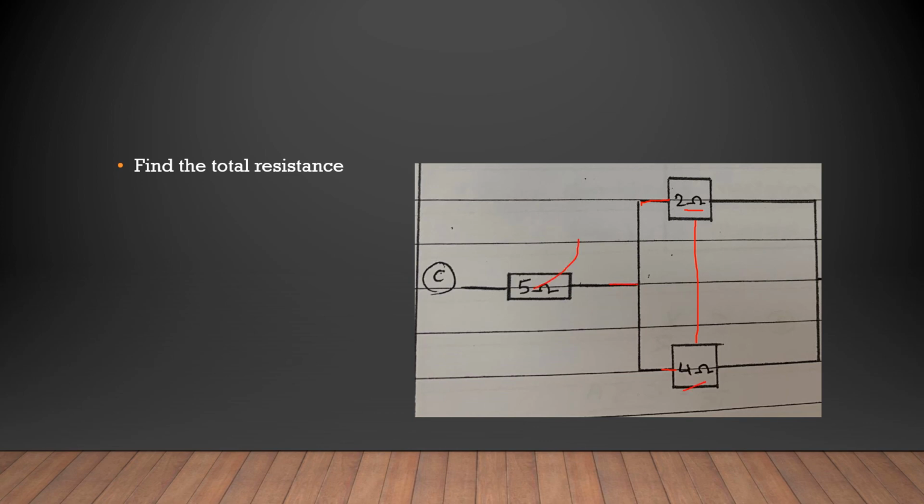This 5 ohm resistor is in series with this combination. So using the parallel connection formula, you find the total resistance of the combination, then just add this 5 ohm resistor because it is in series with it. So you will get the total resistance.